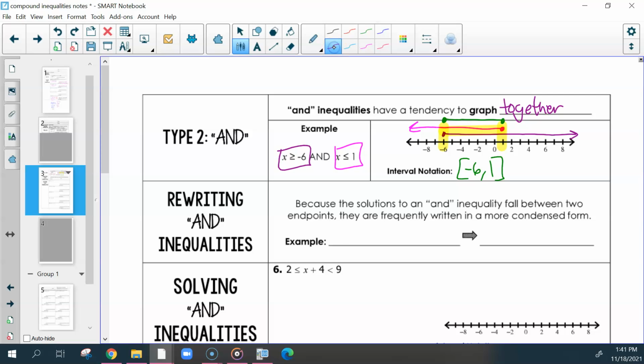So instead of x is greater than or equal to -6 and x is less than or equal to 1, which is what the problem said, we would change that, going back to set builder notation: -6 is less than or equal to x, which is less than or equal to 1.